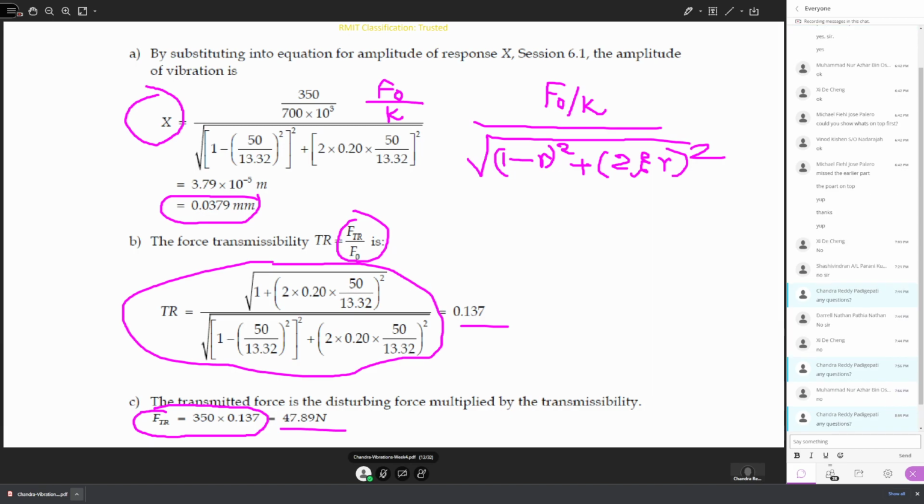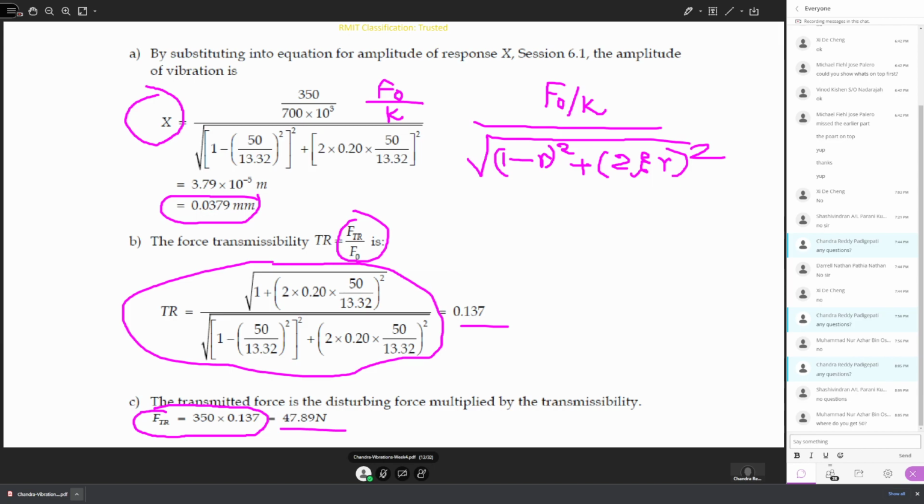So we are applying the theory to practical cases, and we have done two examples. The first one is the vehicle moving with a particular speed on an undulating road, and how much transmissibility is taking place in terms of the displacement. Now in this case, the force is the rotating unbalance.